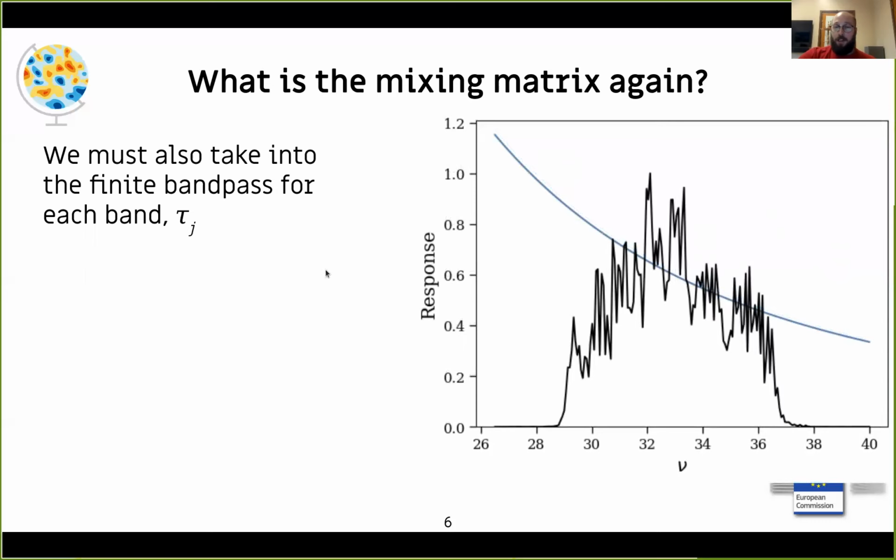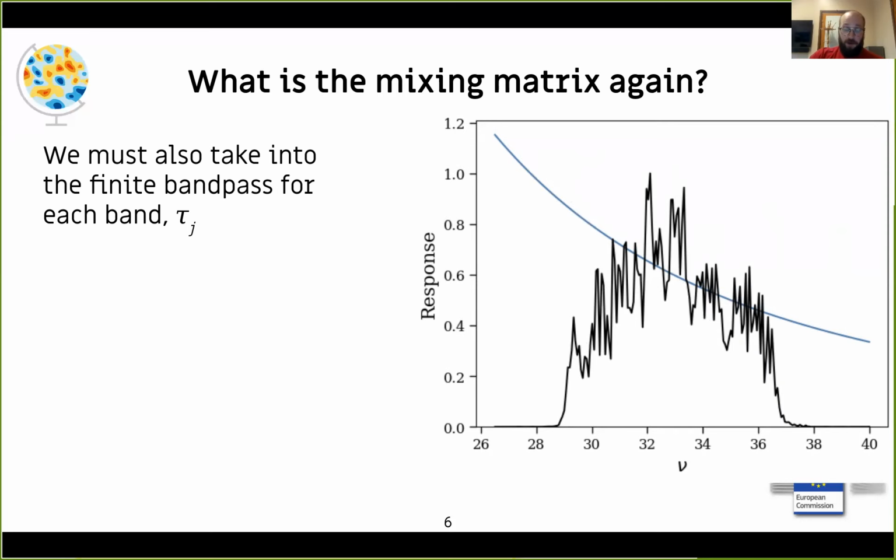But real bandpasses are a little bit more complex. For example, this is a WMAP Q band bandpass. When you evaluate the frequency here, you could ask, what is the effective frequency? Or you could essentially compute the integral over the bandpass tau multiplied with the synchrotron, and then you could say this is the expected frequency response of the Q-band instrument.